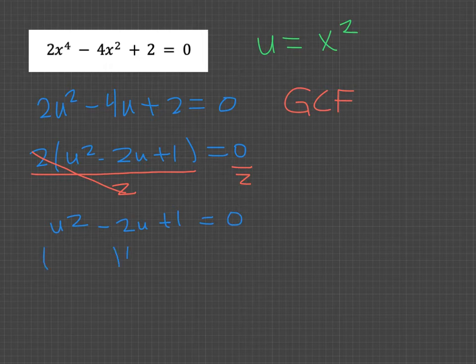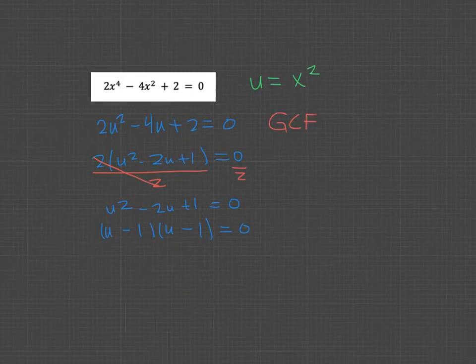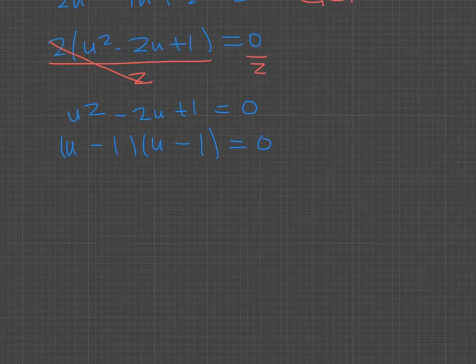And this is going to factor. Its leading coefficient is 1 now, so we know it's u and u. The numbers that multiply to positive 1 and add to a negative 2 are negative 1 and negative 1. So u minus 1 equals 0. We only have to do that once since they're the same, so we get u equals 1.